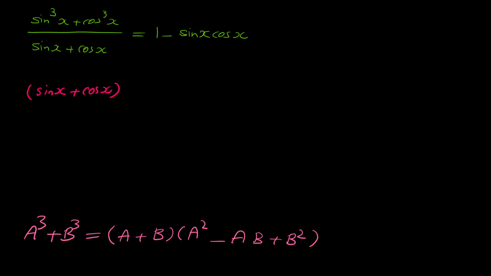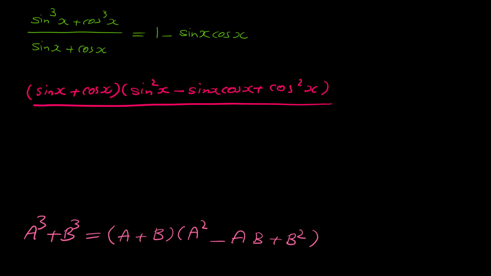The numerator can be factored in the form of sine x plus cosine x, times sine squared minus ab, sine times cosine, and finally b squared, cosine squared, all over sine x plus cosine x.